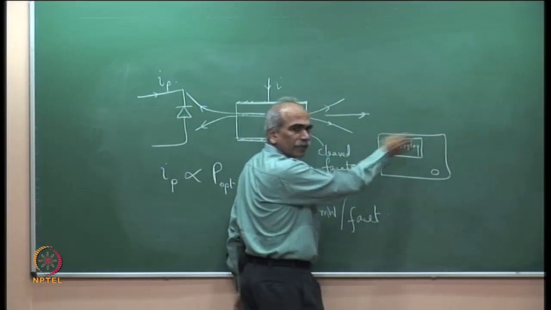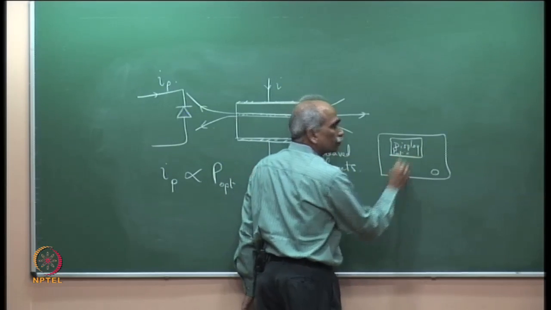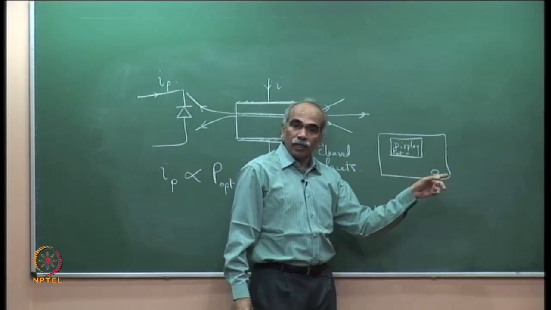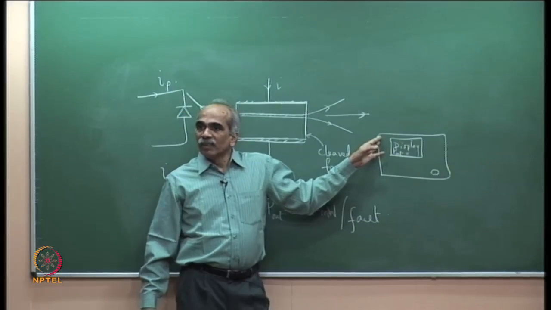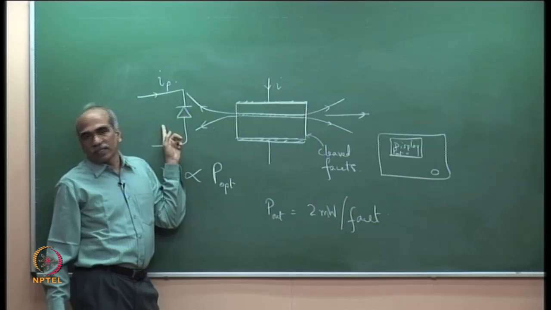In the display there are several parameters which come, but it also tells you what is the P out. How will it say what is the P out? Because output is coming from here. Without measuring this P out, how does it say this P out? It is saying this P out by measuring the power coming from the other end.